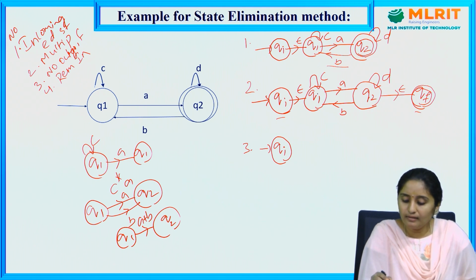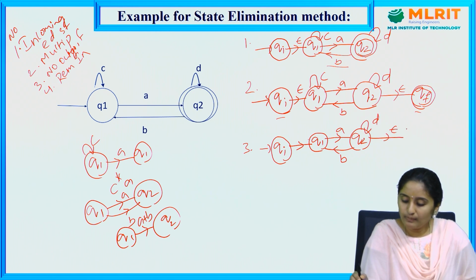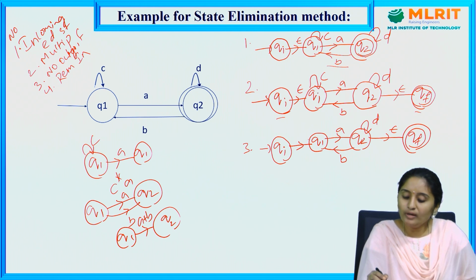Same way here, I am going to remove this one, C. So first let me write here Q1, A, Q2, B, D, epsilon, QF. See here, Q1 is having a self loop.